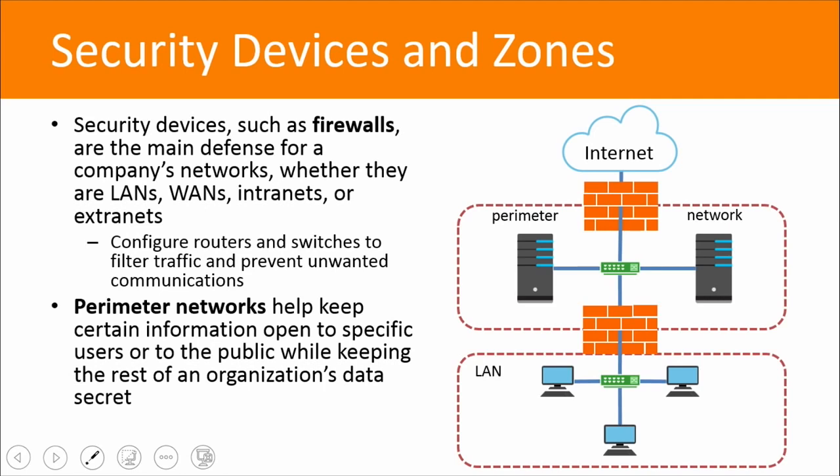We can also configure routers and switches to perform security functions like traffic filtering in order to prevent unwanted communications. We can also set up perimeter networks, the demilitarized zones. We talked about those a little bit earlier. They help keep open specific information that you want to make available for public users while making sure that you keep people out of your organization's data, right? That private data that you want to keep private.